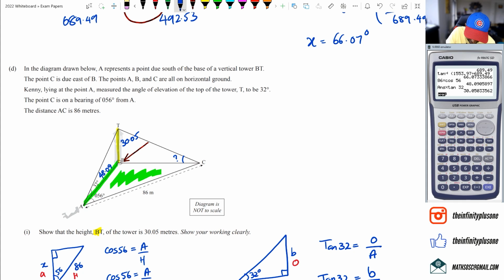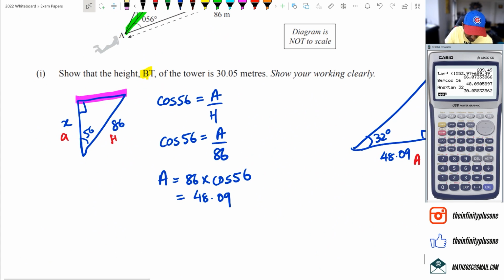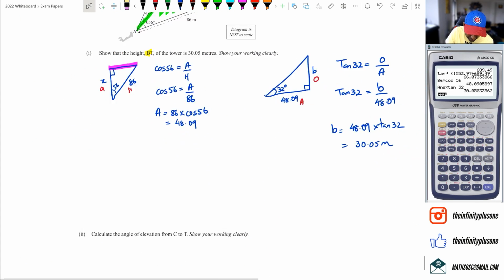So we can work out this pink line, which happens to be here. And once we get the pink line, then we can use trigonometry to work out that angle. So we're going to go back to this part here, and we need to figure out what the opposite side is, which is the pink line there.